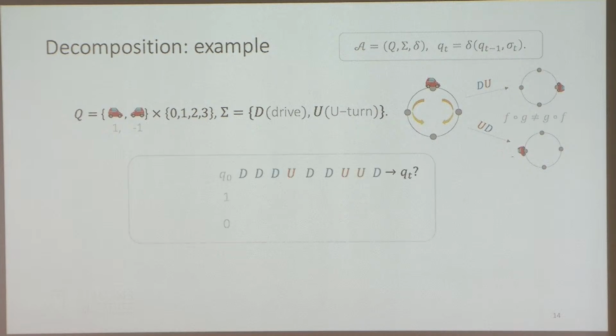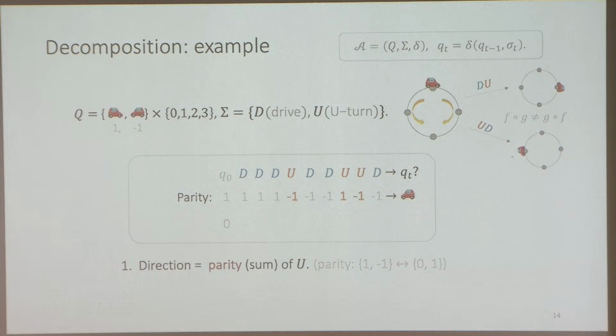Our goal is to see how we can find the final state, assuming that we start with the initial state of clockwise and position 0. Now, the idea of decomposition is to break this down into two steps. In the first step, we realize that in order to compute the direction of the car, we can do this by solving a parity task on only the turn operations. And this can be done in O(1) layer.